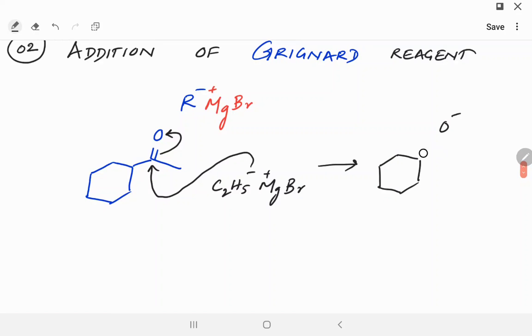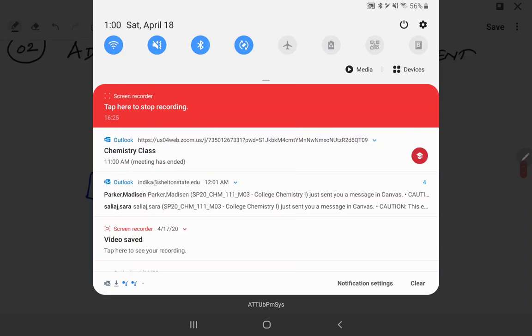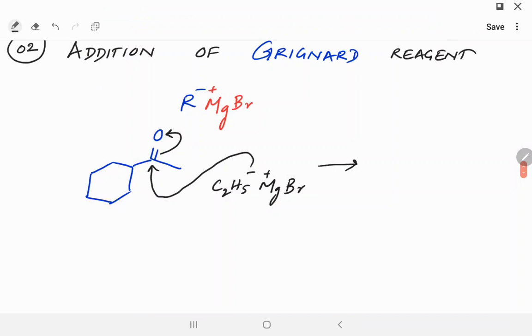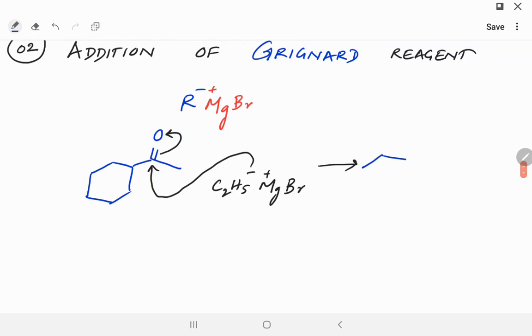And then let me use blue color so that you can track what's going on. I'm sorry about that.